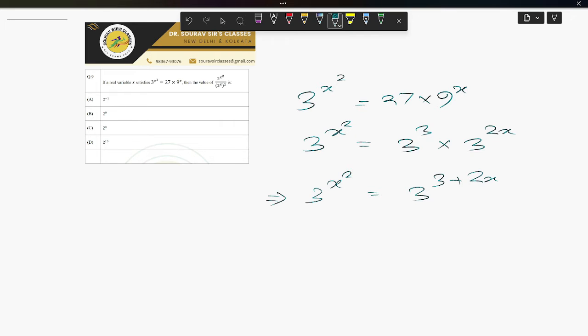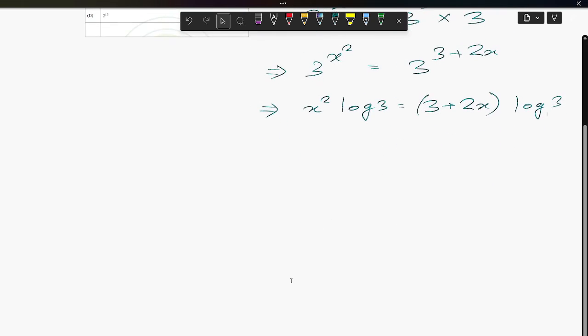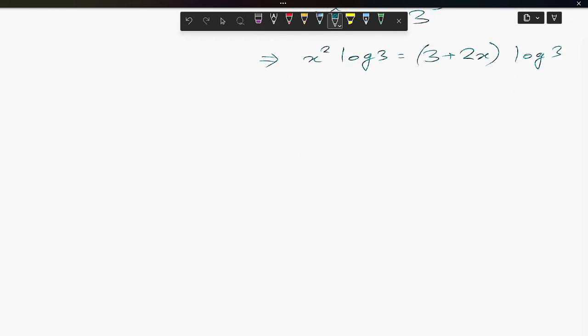If we take log on both sides, we get x square log 3 and 3 plus 2x, then log 3. Log 3 is some non-zero quantity, so we can cancel it from both sides. We get x square minus 2x minus 3 equals 0.